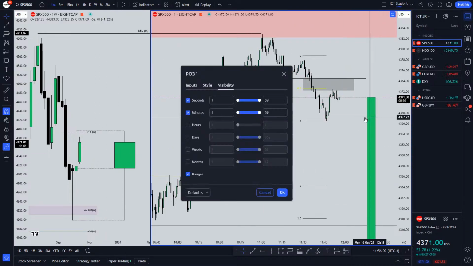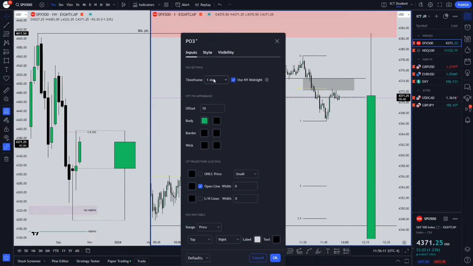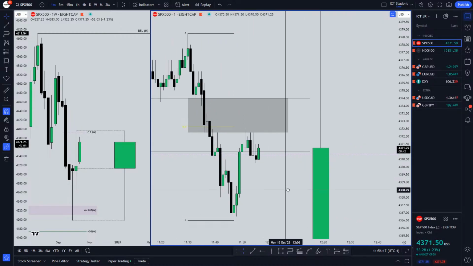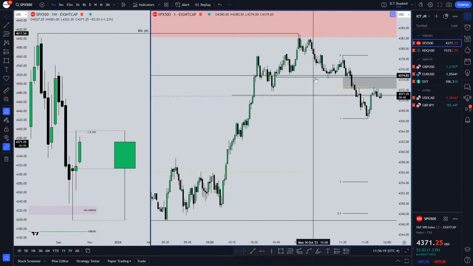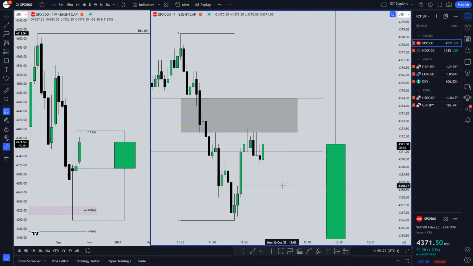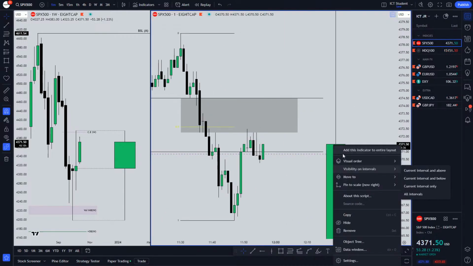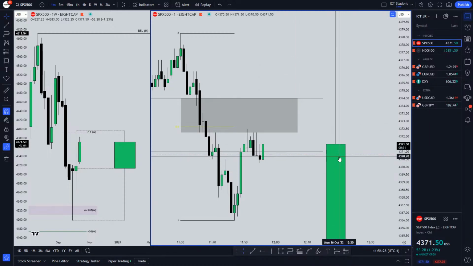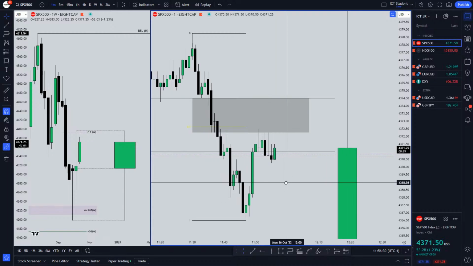I use midnight opening for the 1 day time frame. Offset 10, because when I'm on the lower time frames like this, the 1 minute tends to get really close to it, so I put the offset, and that's pretty much it. And to have it above overlays, you have to go to visual order, bring to the front, and that's it. So it can be in front of these confluences, I guess.